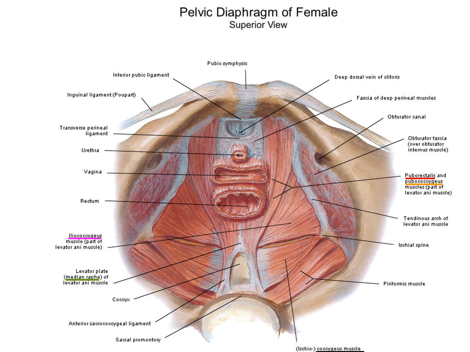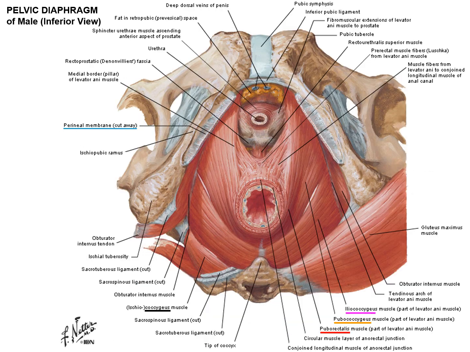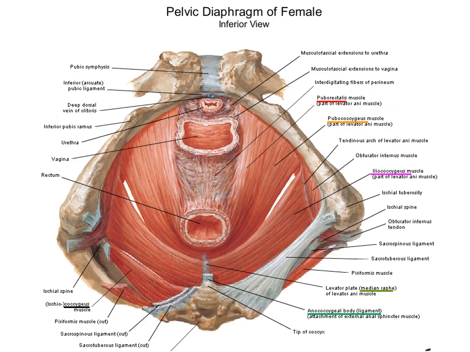This is the superior view of the pelvic diaphragm of female. This is the inferior view of the pelvic diaphragm of male. This is the inferior view of the pelvic diaphragm of female.